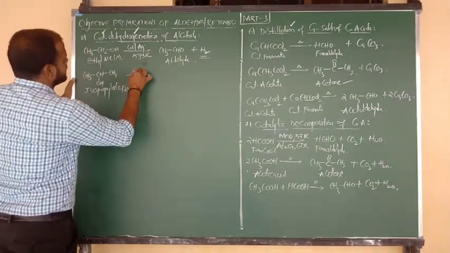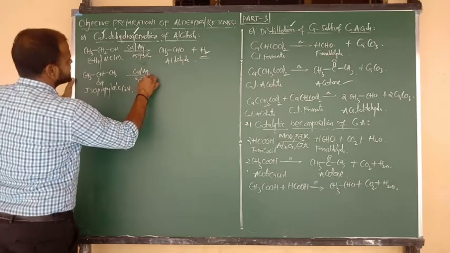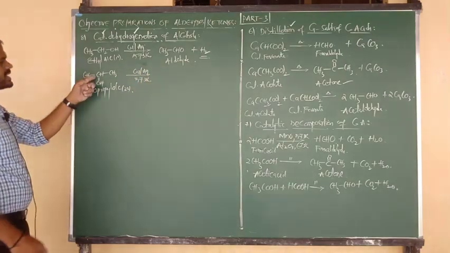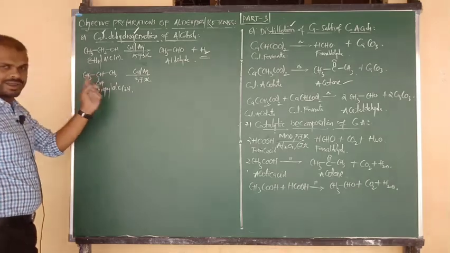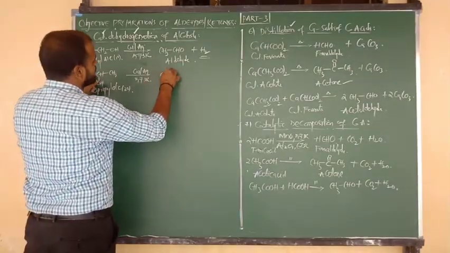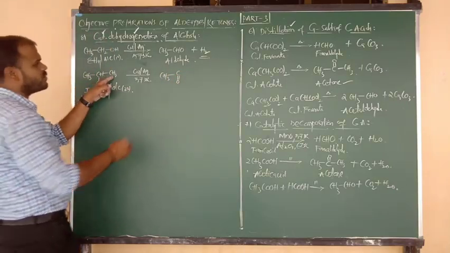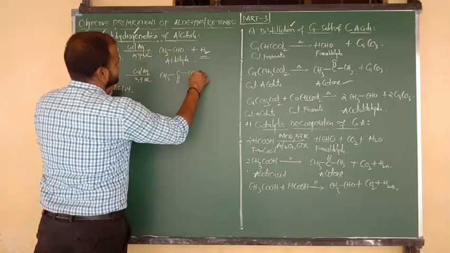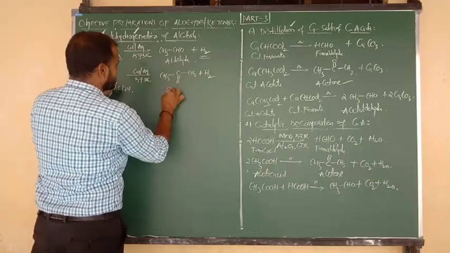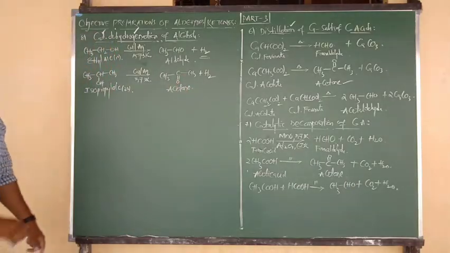Upon catalytic dehydrogenation over copper or silver at 573 Kelvin, from the central C remove one H, and from O remove another H. The single bond between C and O is converted into a double bond. CH3 is bonded to C double bond O, and after loss of 2 hydrogens the other group is again CH3. Here the product is a ketone, and the example is acetone.